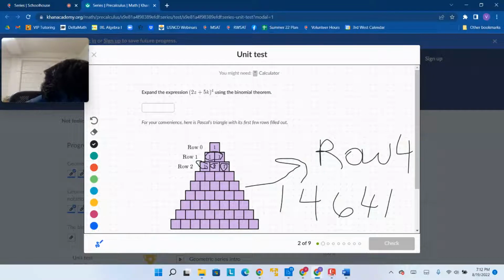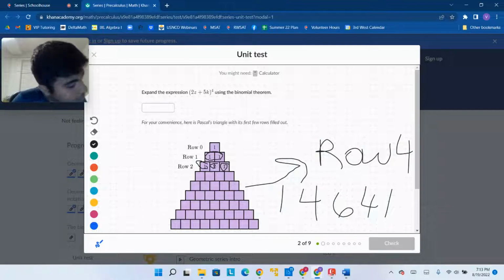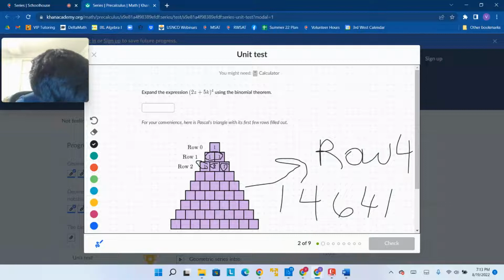So it's going to be the first term, 2z to the 4th, plus 2z to the 4th times 5k to the 1 times 4, plus 6 times 2z to the 2nd, 5k to the 2nd.